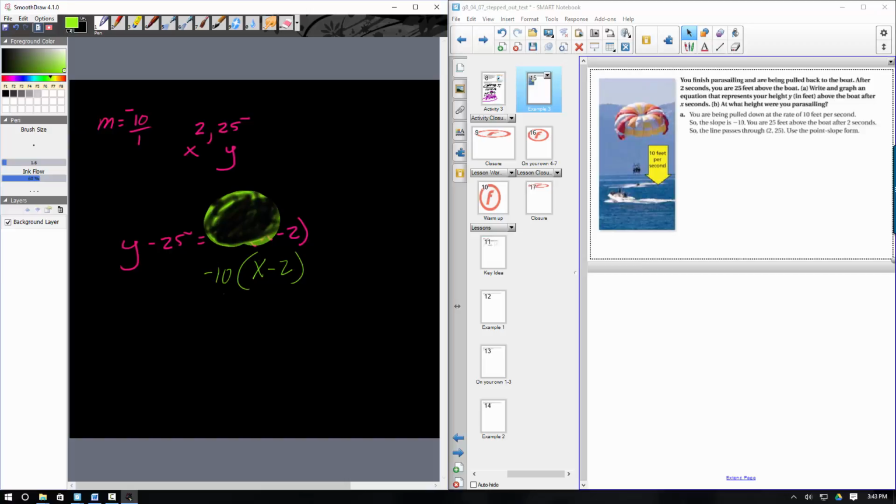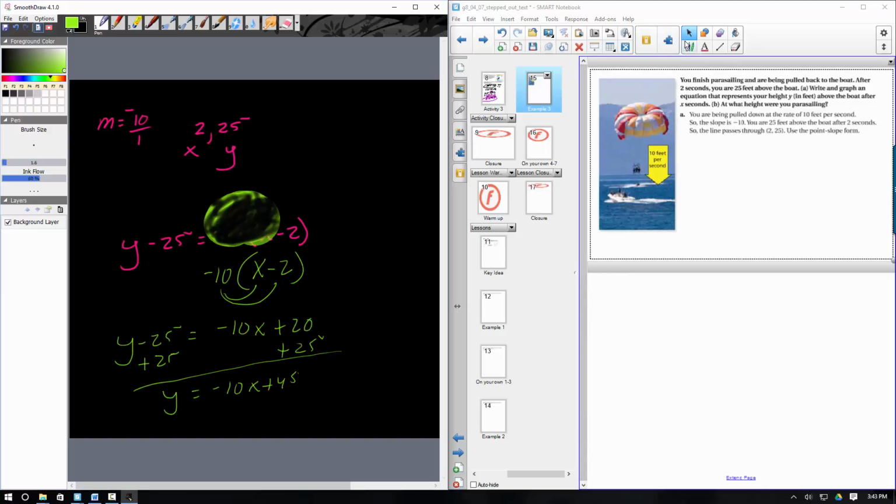All right, so I'm going to have negative 10x, and then this will be plus 20. And this all equals y minus 25. Add 25 to both sides. I'll have y equals negative 10x plus 45.